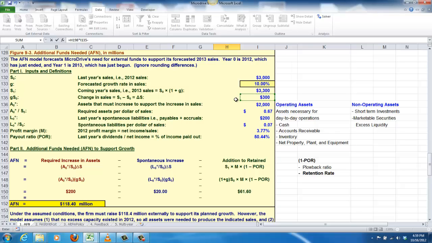Subtract out our spontaneous increase in liabilities, which are the L0* divided by our sales for the year, multiplied by our growth in the dollar amount of sales, and then finally subtracting out our addition to retained earnings.